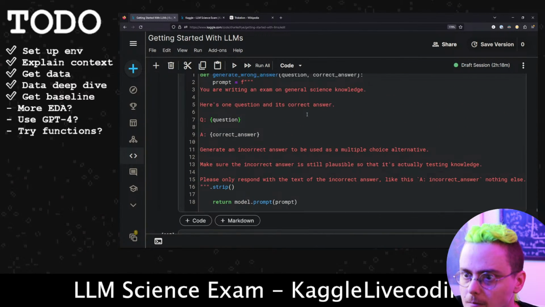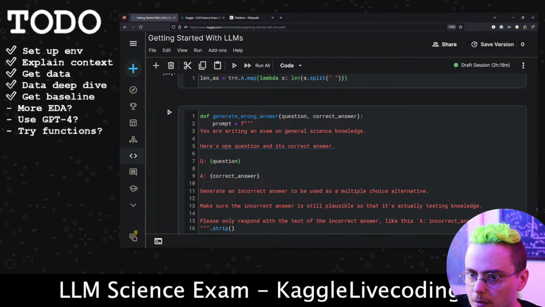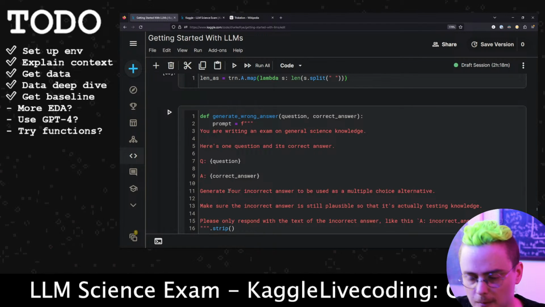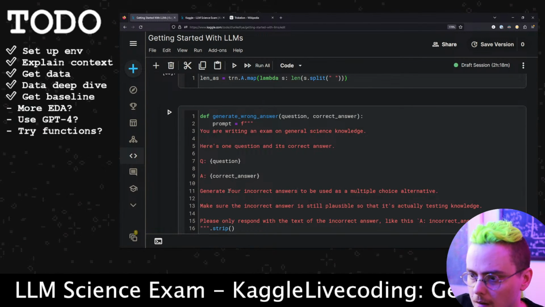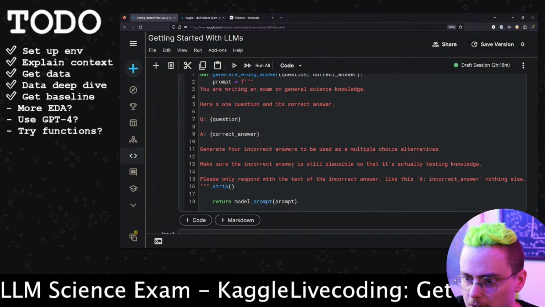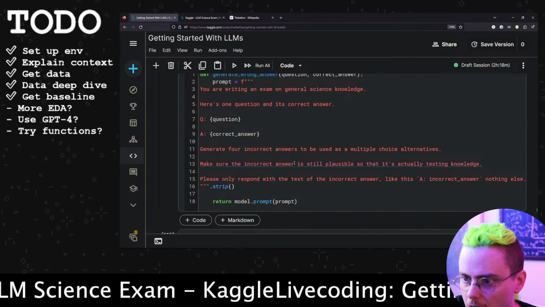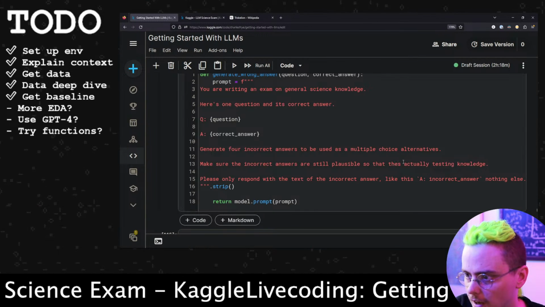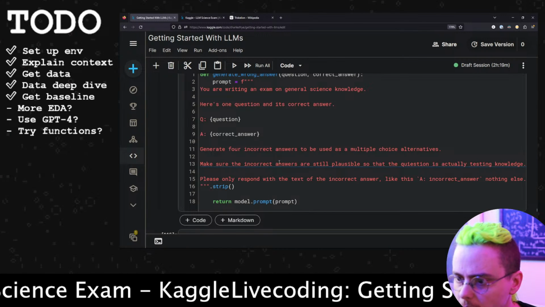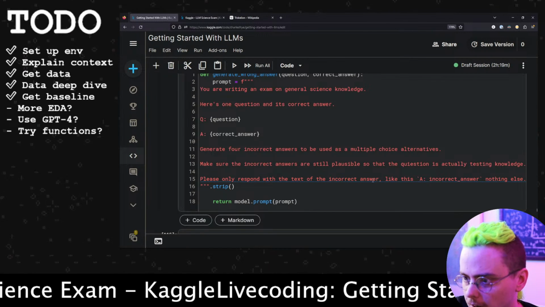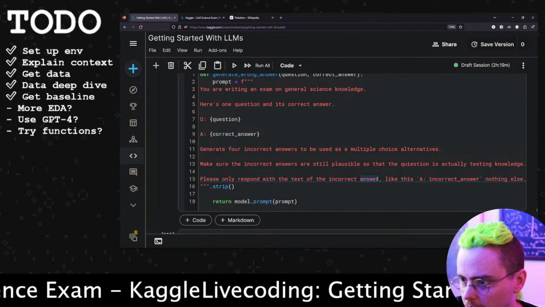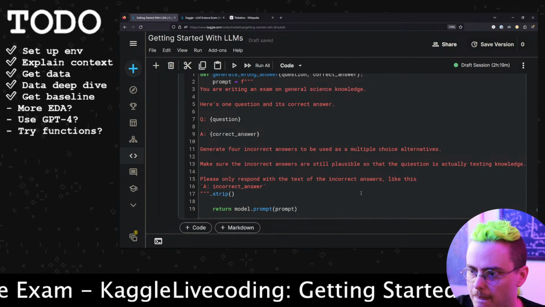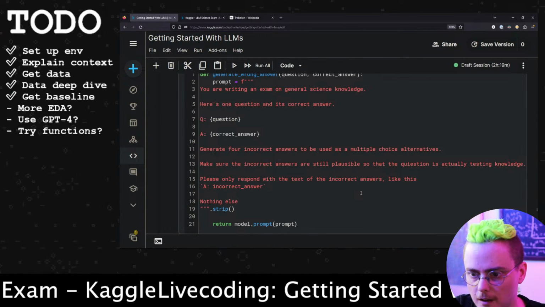So, you're writing an exam on general science knowledge. Here's one question and its correct answer. Generate 4 incorrect answers to be used as multiple choice alternatives. Make sure the incorrect answers are still plausible so that the question is actually testing knowledge. Please respond only with the text of the incorrect answers, like this. Nothing else.